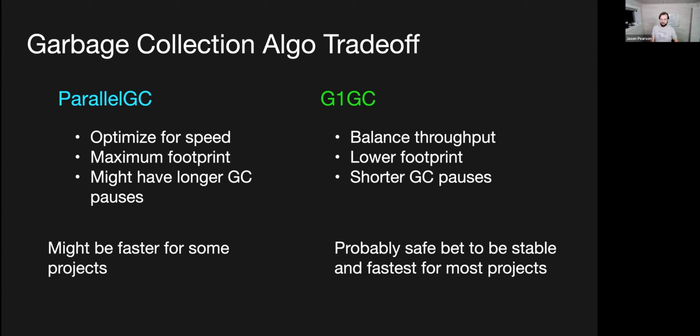It's probably the safe bet to be stable and fastest for most projects, especially because the JDK 20 and 21 improvements made significant memory and latency wins. Overall, it opened up more native memory to be used by your build instead of by the overhead process to manage garbage collection and keep track of everything inside your build.